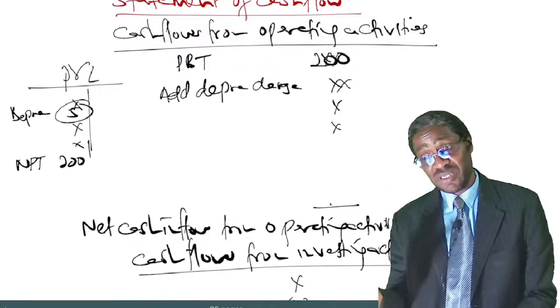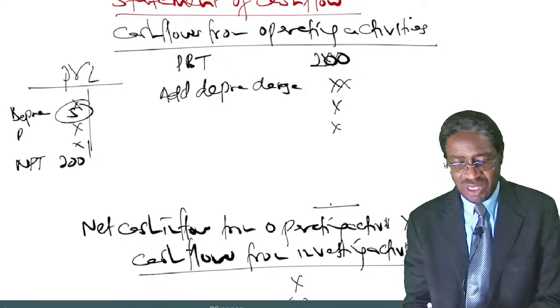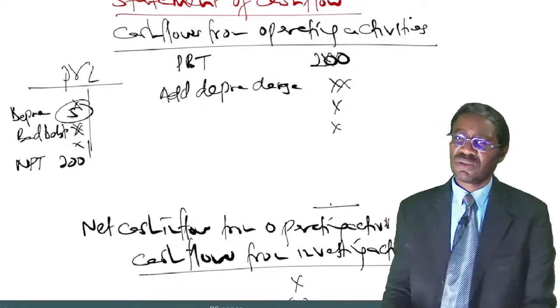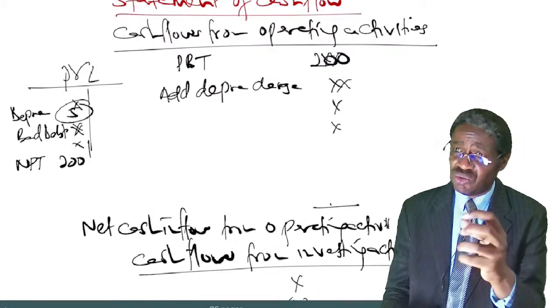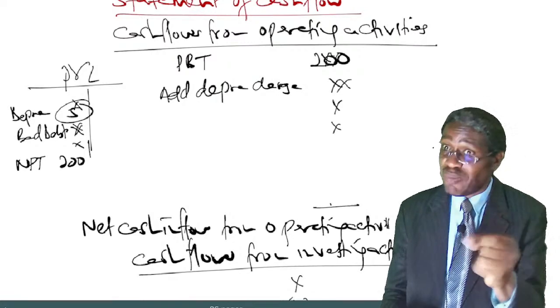Once you debit bad debts, that bad debt goes to the P&L account as an expense. But did you pay for it? No. You never paid for that amount. But because it's a loss to you, you had to recognize that loss called bad debt.